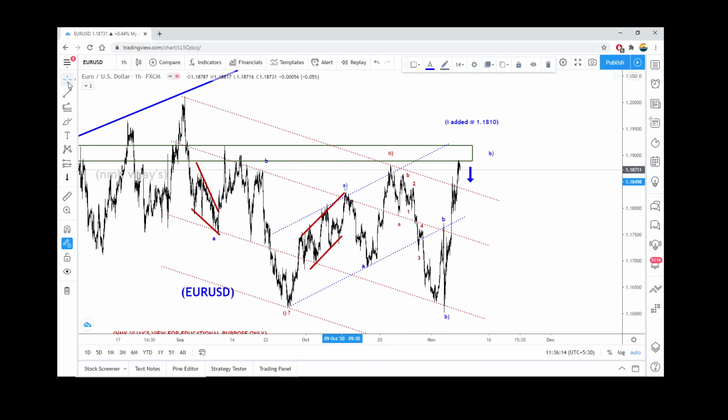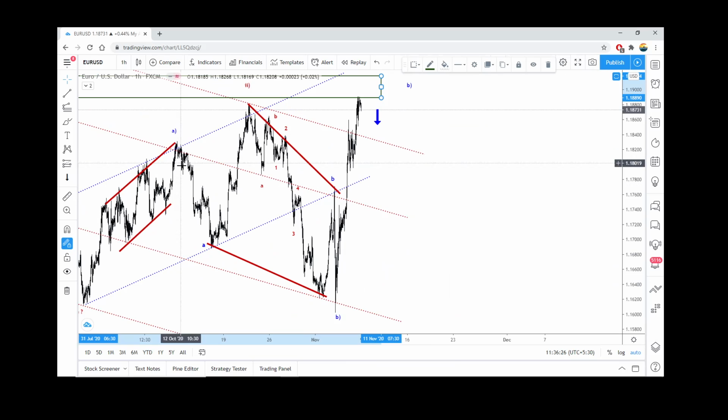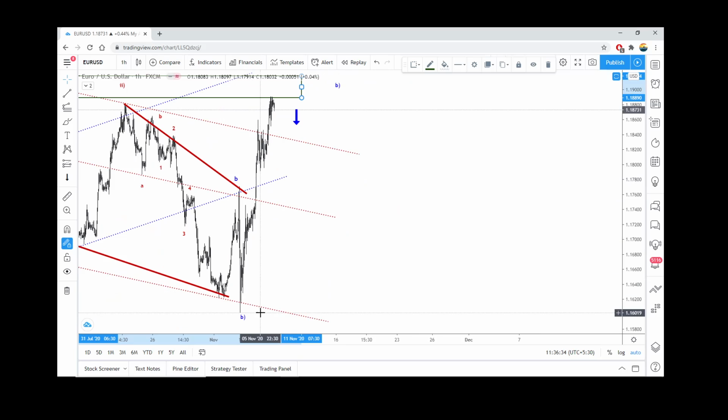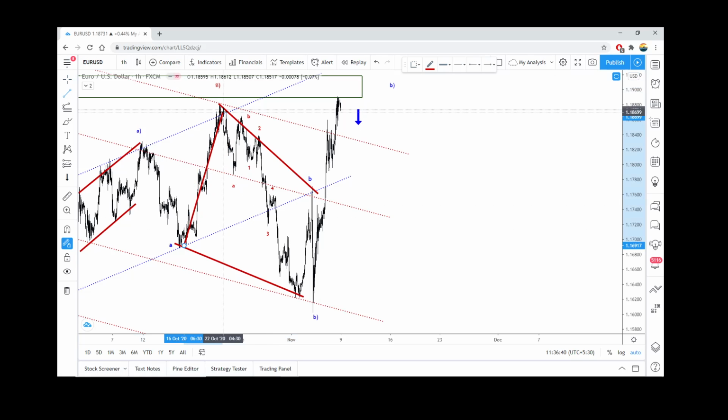So in that case, as per the DXY also, this is A, B and C. Here the intermediate wave is an A or W. So this is the X or B, and this could be a B, C or Y. So in that case, A, B, C.